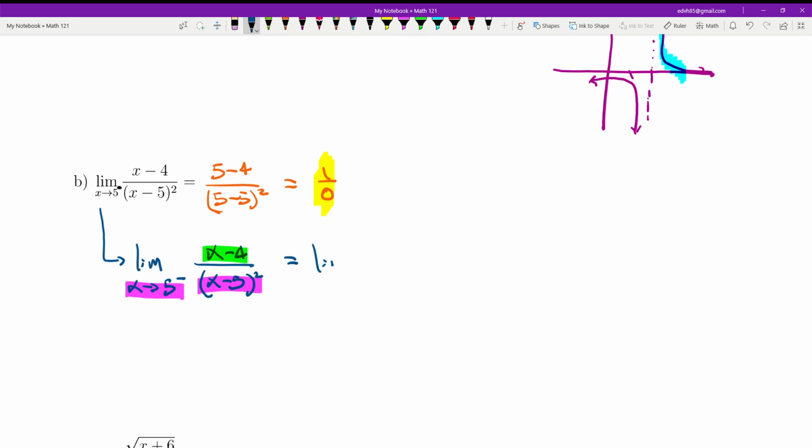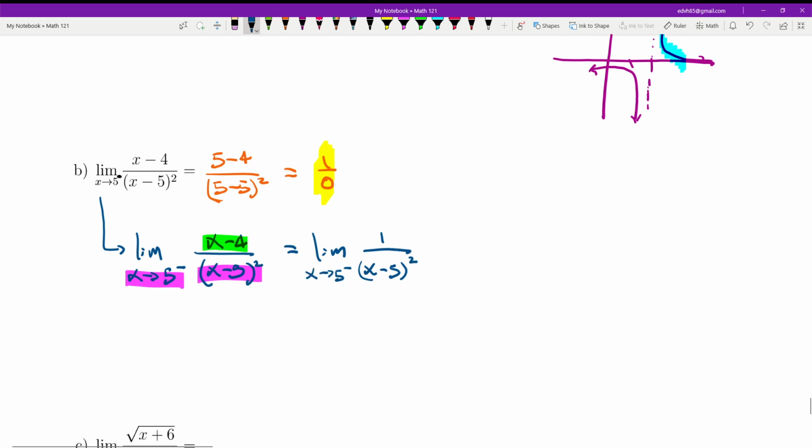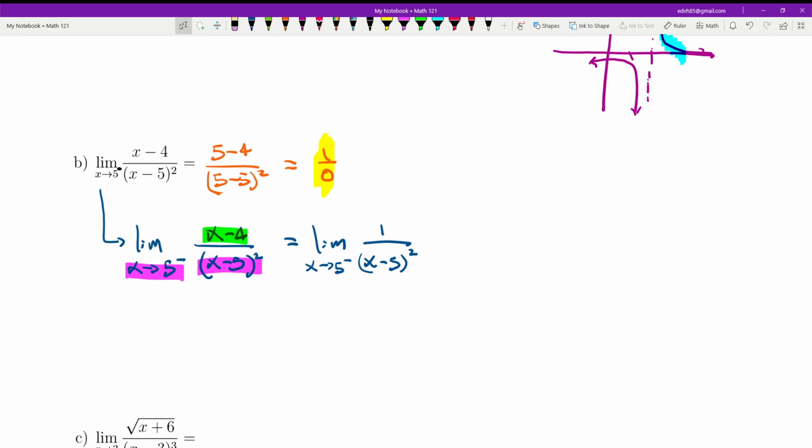That is the limit of 1 over (x minus 5) squared as x approaches 5 from the left. That resembles the graph of a reciprocal square function. The power in the denominator is even.